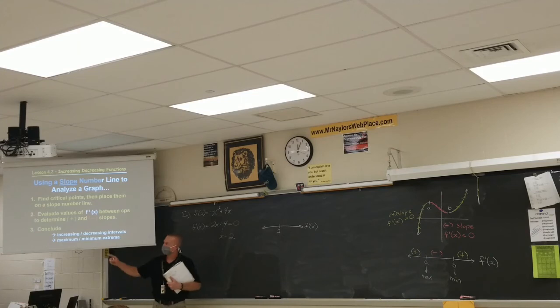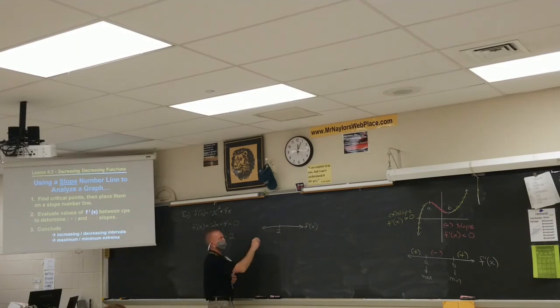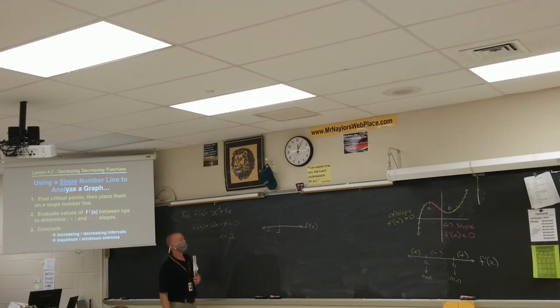And this is where we get into step 2, where we're going to do a little bit of evaluating. Now, you have to understand that all I need to do is pick some number on this side of 2. It can be any number you want. Choose wisely, like 0 if you can. The reason you'd want to choose 0 is because it's really easy to plug in.